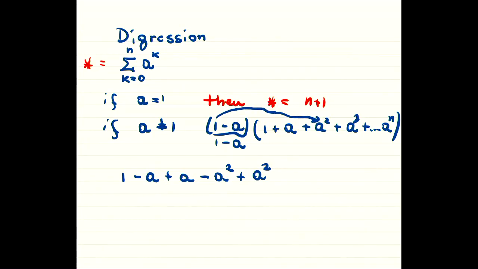This is the way I get the last one. So you just keep alternating the effect of 1 and the effect of A, right? A that multiplies A squared becomes A cubed, but with a minus in front. And you keep going. The very last term is A to the n plus 1.